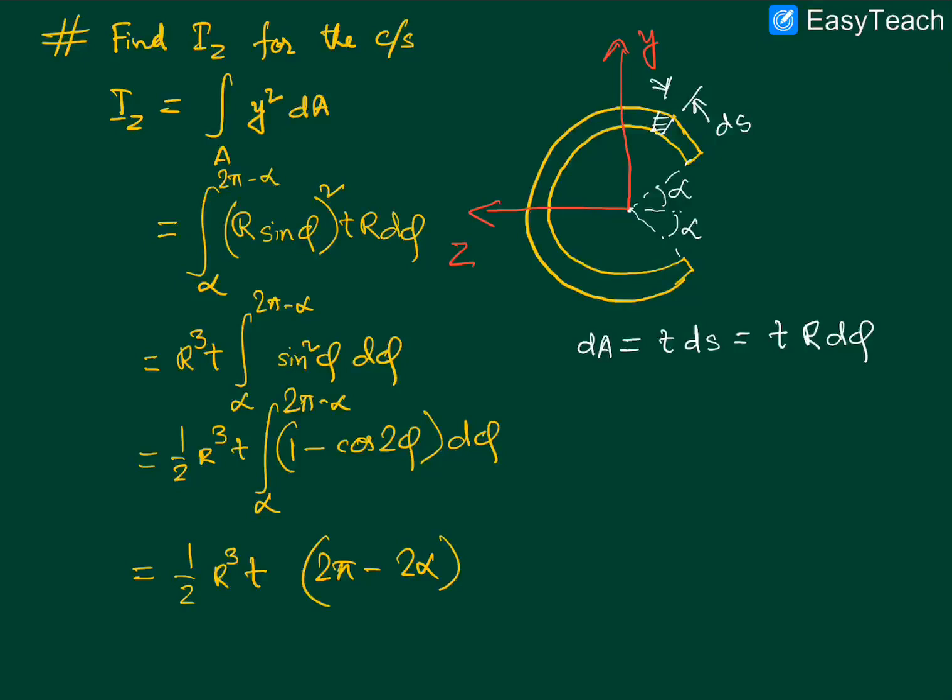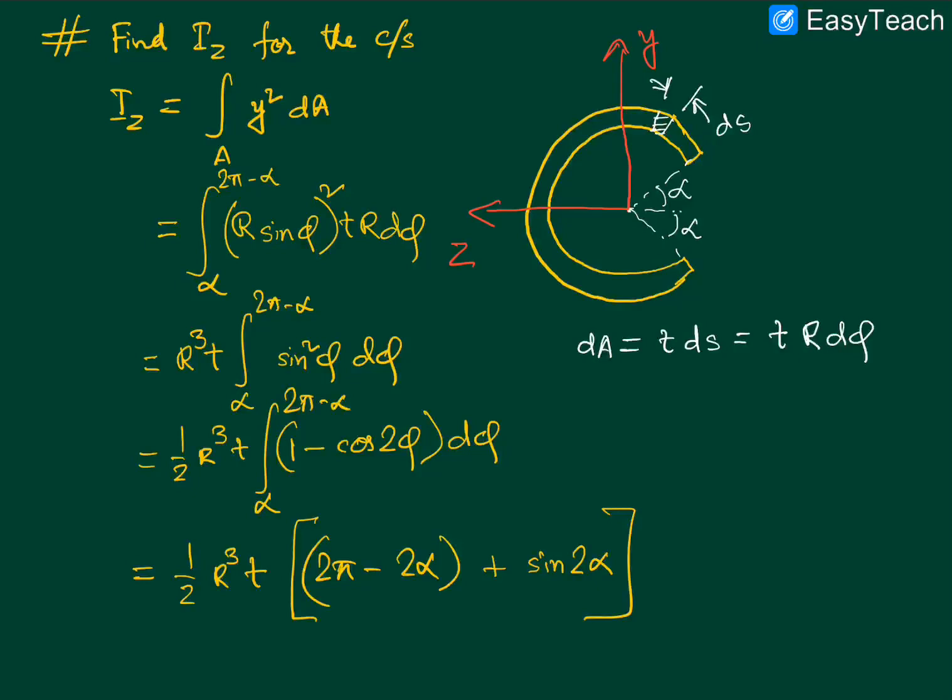This directly comes from the integration of this 1 here, and the cos 2 phi will give me a sine 2 phi divided by 2, of course, and that will ultimately lead to a nice simplification, and it will give me plus sine 2 alpha. Okay, so I have this for my Iz.